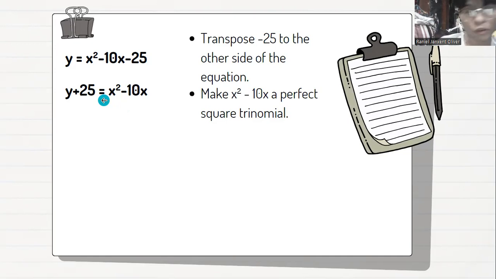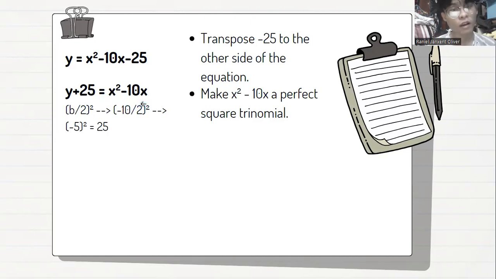To do so, we divide the numerical coefficient of x, which is negative 10, by 2, giving negative 5, and then multiply it by itself. Negative 5 times negative 5 is positive 25. Now our equation is y plus 25 equals x squared minus 10x plus 25.